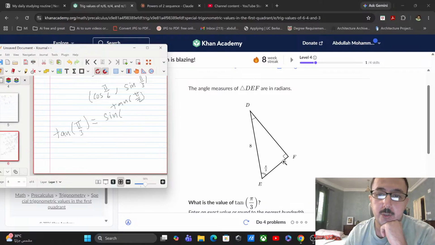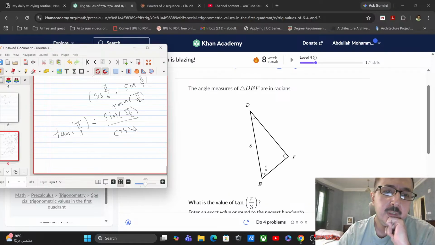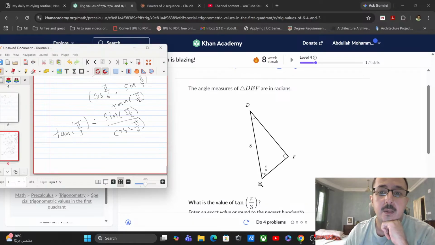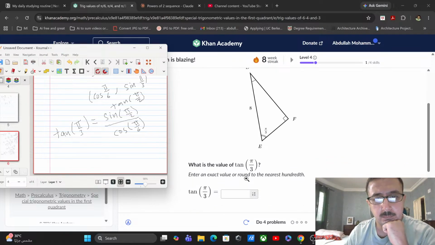Wait, this is cosine. Sine pi over 2 over cosine. Wait a second. Over cosine. What did we say? Pi over 6. This is still the cosine. This is still the x. So this is the tangent. Enter an exact value or round to the nearest hundredth.